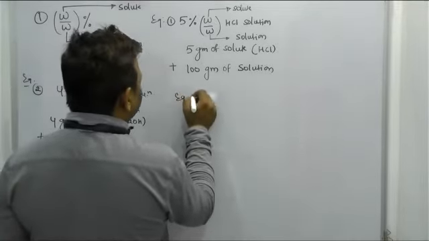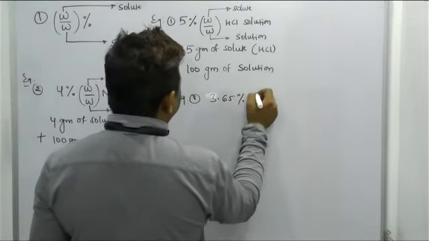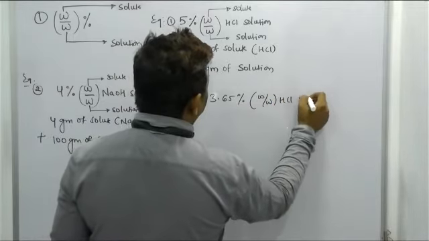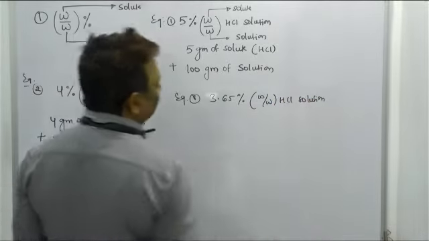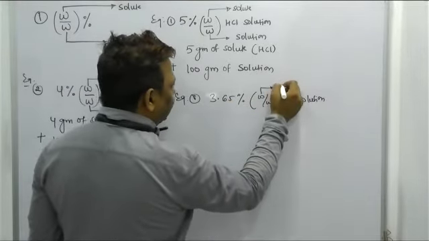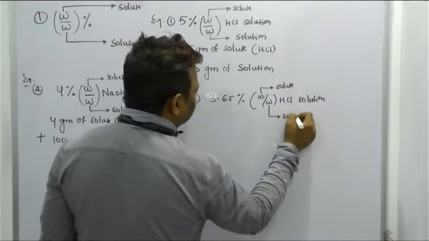One more example I will tell you. Third example. Sir, I am having 3.65% W by W HCl solution. What does this indicate? This W will indicate the weight of solute, and this W will indicate the weight of solution.